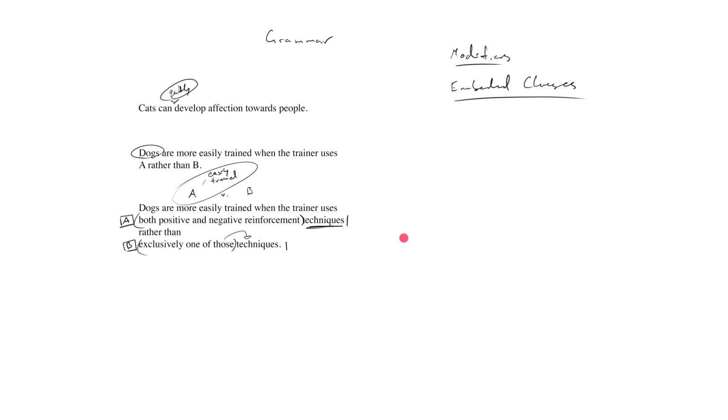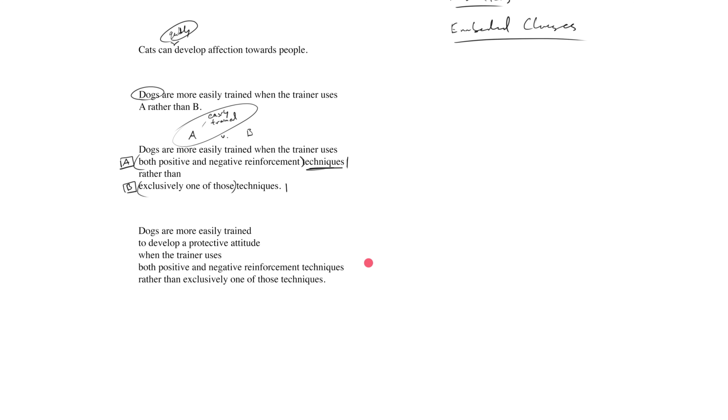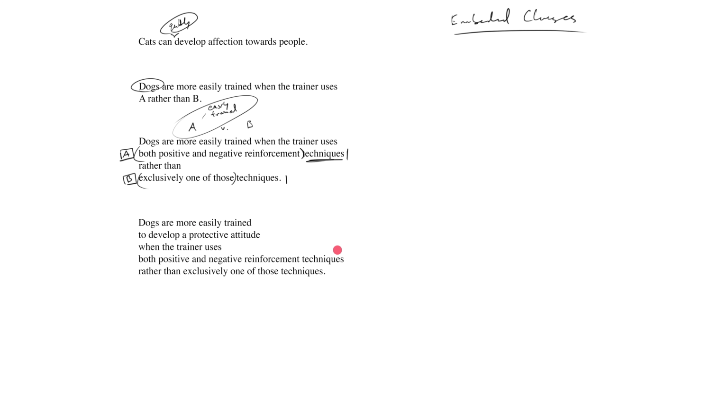Okay, let's keep going. What's different about this sentence? Dogs are more easily trained to develop a protective attitude when the trainer uses both positive and negative reinforcement techniques rather than exclusively one of those techniques. See, now we are adding a clause to further flesh out the details of what we are training them for.